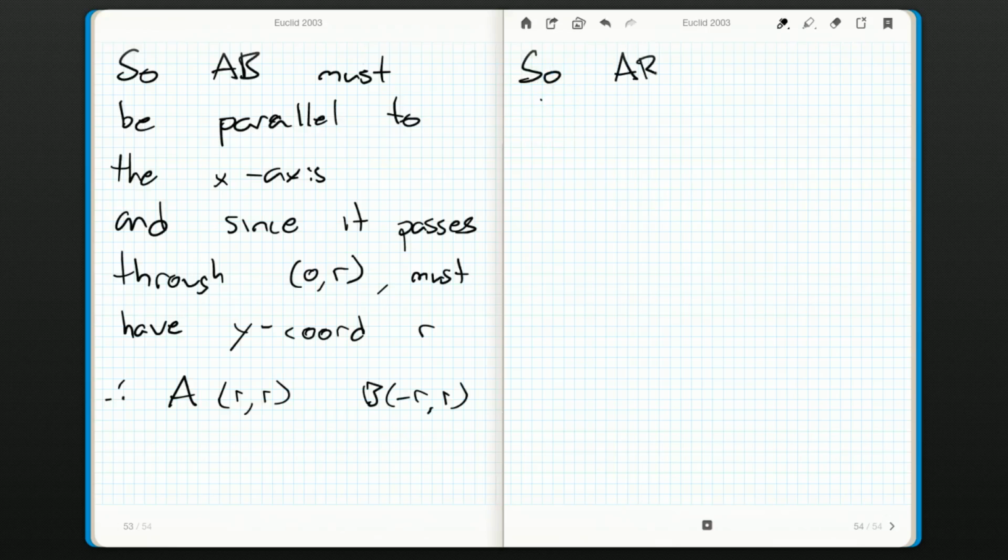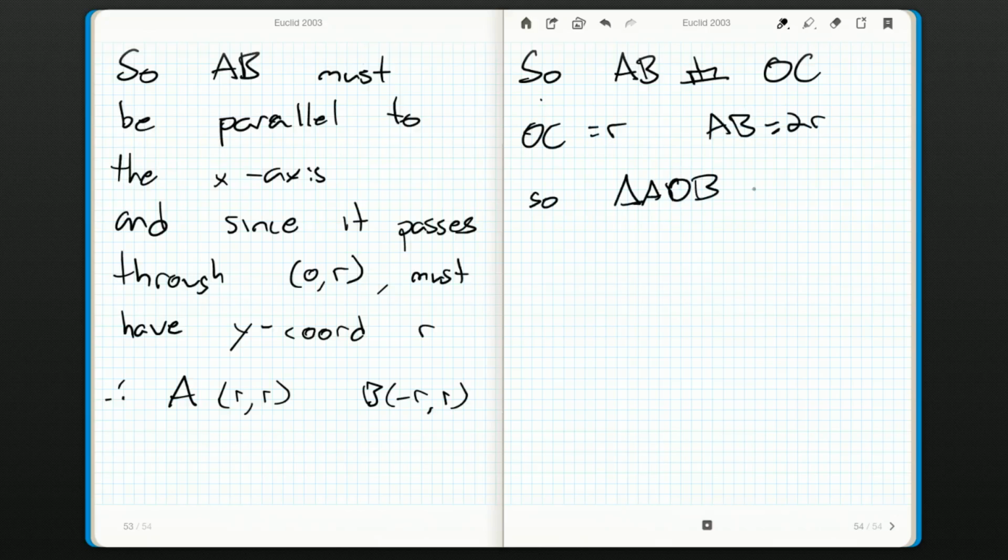So that means AB is perpendicular to OC, C being the center there. And since that's the case, OC is equal to R, AB is equal to 2R. So triangle AOB has area of 1/2 base times height, which is going to be R squared.